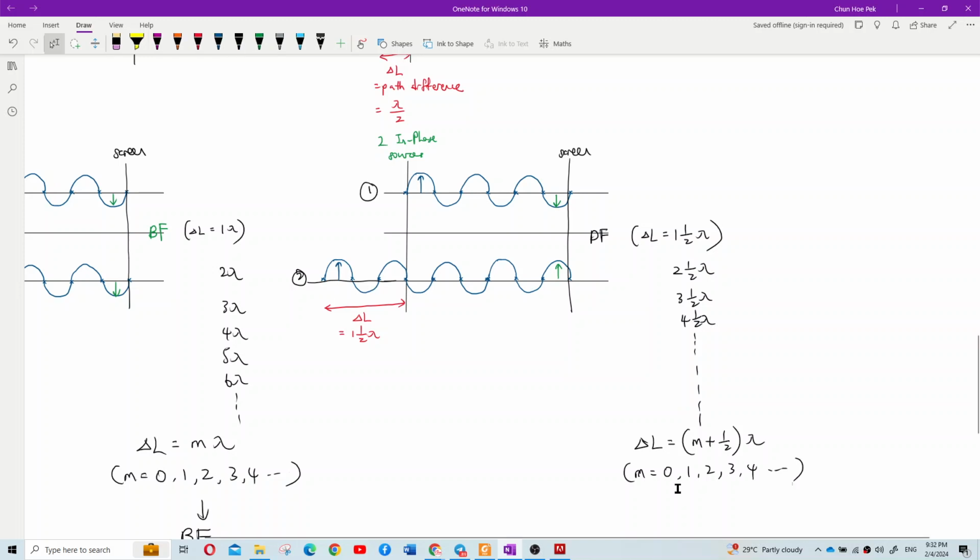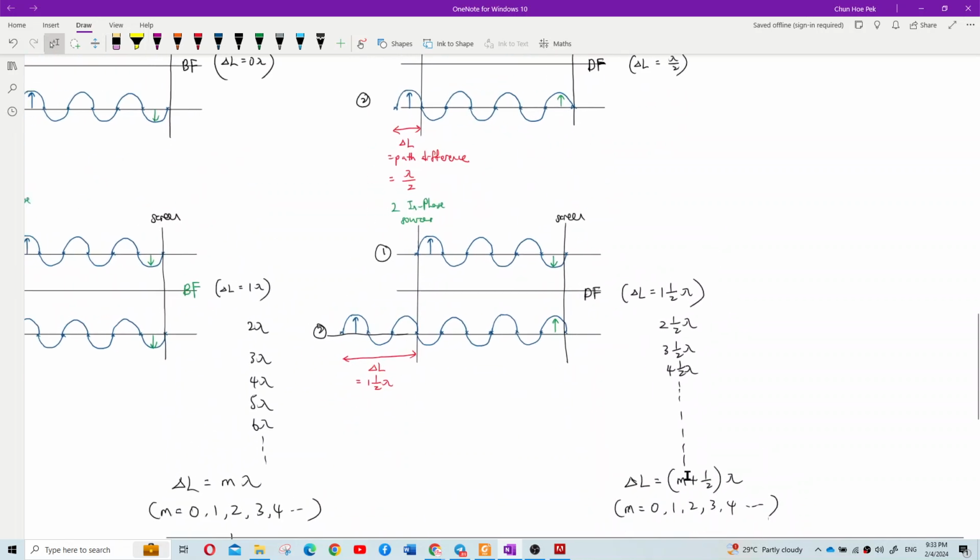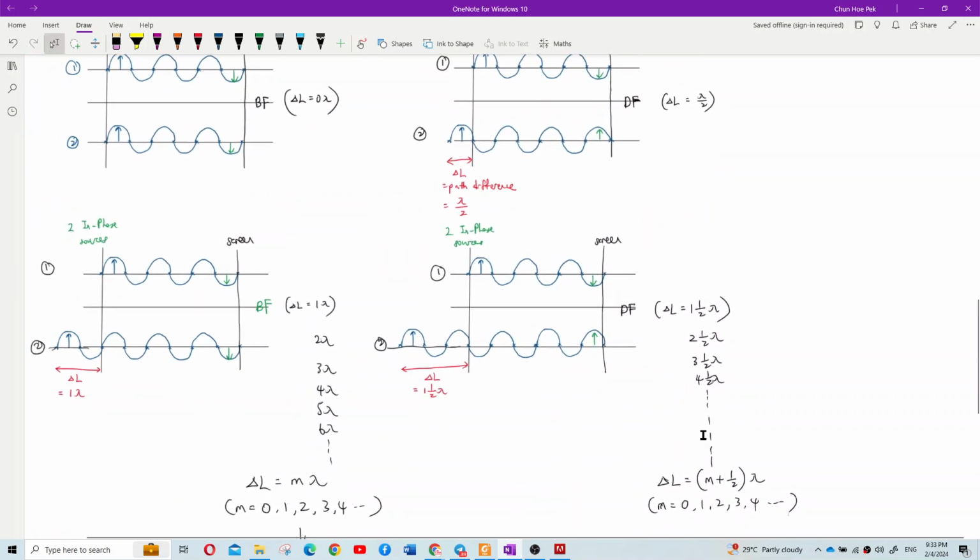Why do I say start from 0? Just look again over here. When m equals 0, that means 0 plus half lambda, you get half lambda, isn't it? 1 plus half lambda, you get 3/2 lambda. 2 plus half lambda, you get 5/2 lambda.